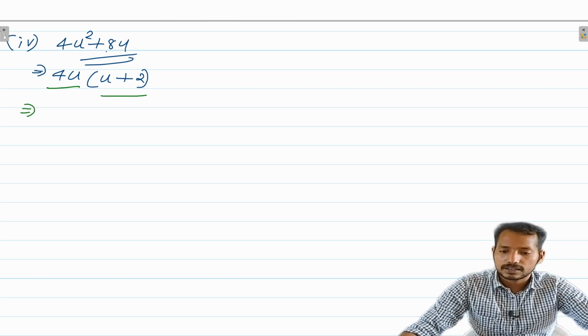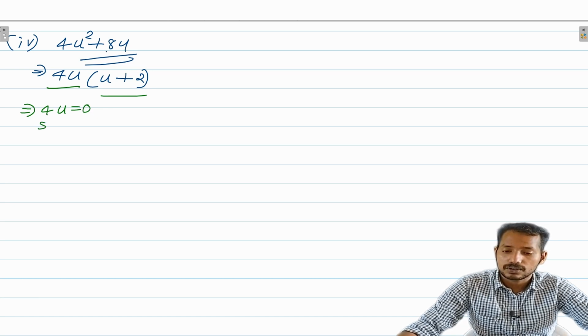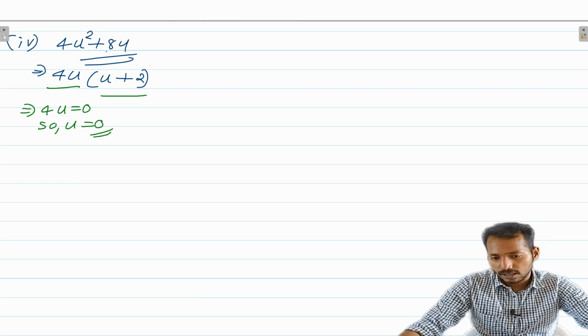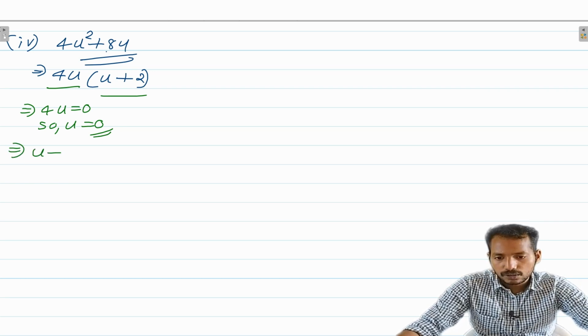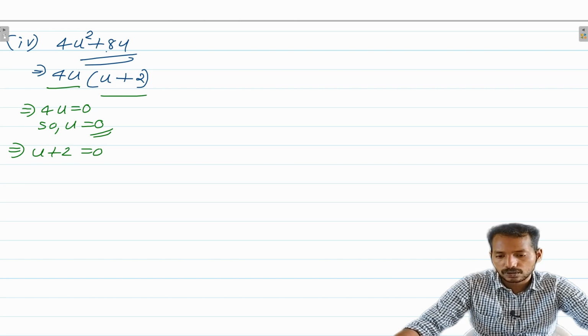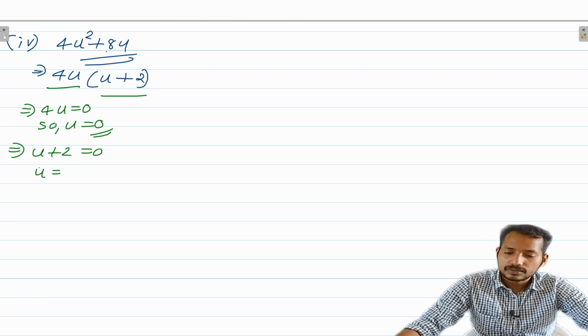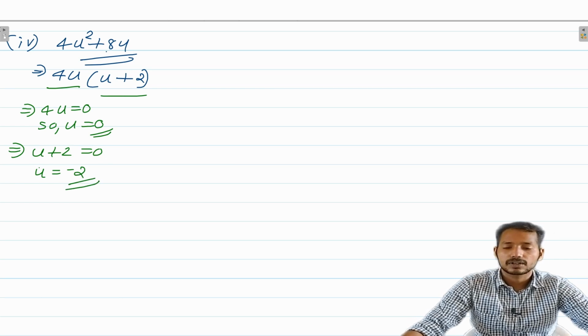So that implies 4u is equal to 0, therefore we can say that u is equal to 0, because 4 cannot be 0. Next one is u plus 2 is equal to 0, or u is equal to minus 2.